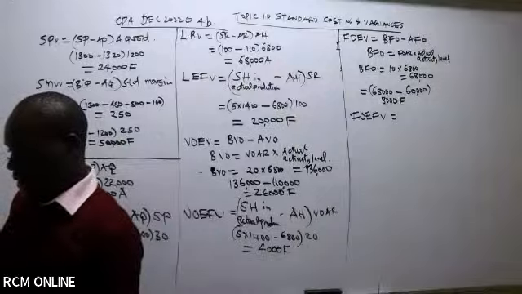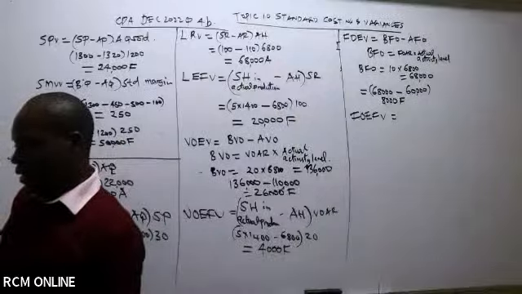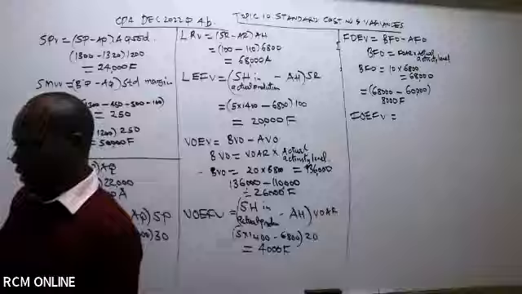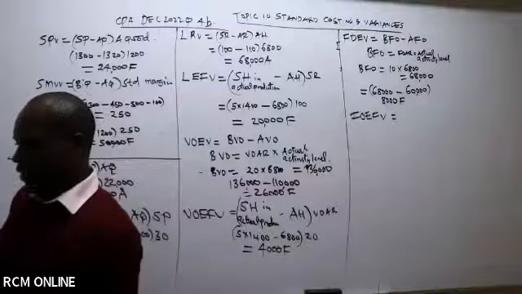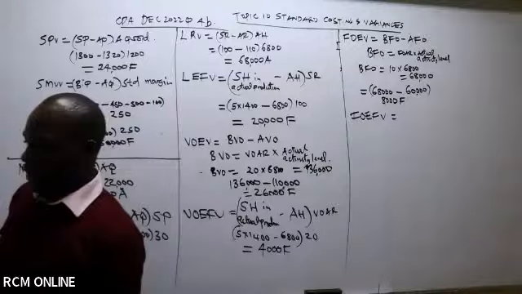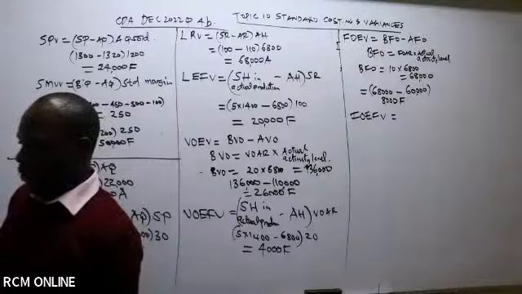Number one, standard hours in actual production minus actual hours multiplied by fixed overhead absorption rate. That's what my friend has given us. Another person, standard hours in actual production minus actual hours times fixed overhead.